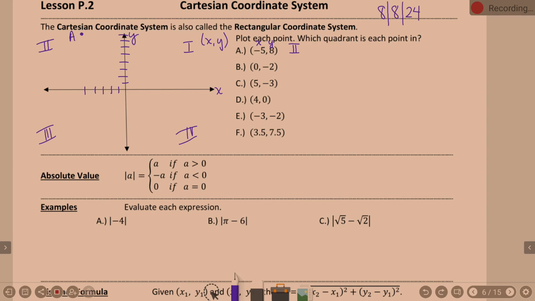What about B? 0, negative 2. Where is that? The 0 says left to right 0, and the negative 2 says down 2. So that is coordinate B. What quadrant is this in?